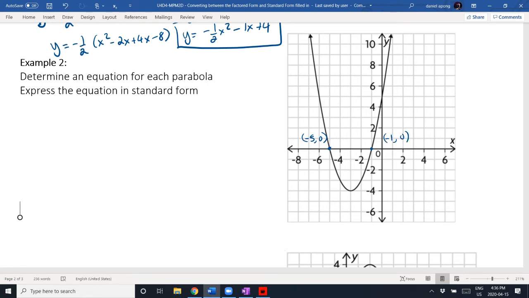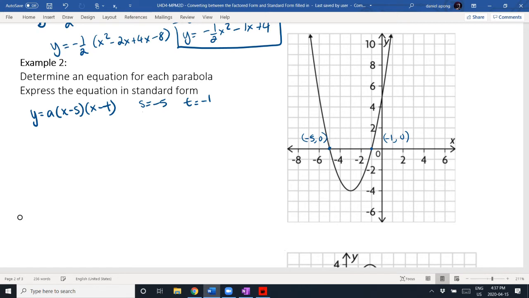Okay, and so we can either write those out, or we can skip straight to putting them into our skeleton equation. So we have y is equal to a bracket x minus s bracket x minus t, and what we can say is s is equal to negative 5, and t is equal to negative 1.